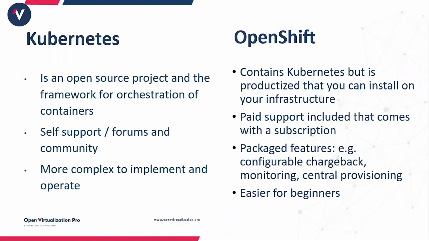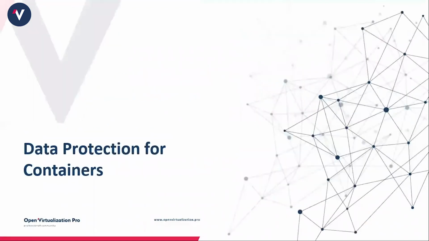Think of it as a productized version that you can install in your infrastructure, but it comes with paid support from the Red Hat / IBM subscription. It's easier to use for beginners, and it does provide you with some additional reporting features, such as configurable chargeback, monitoring, and centralized provisioning for automated container deployment. So just keep those in the back of your head as well.